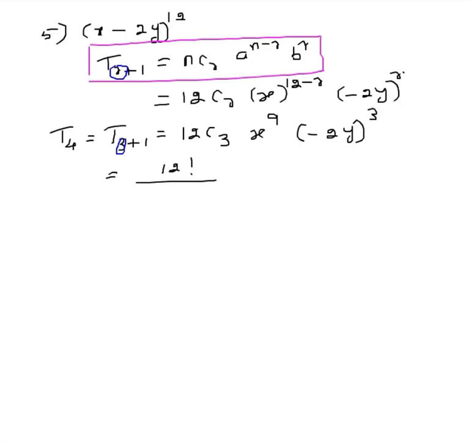12C3 is 12 factorial over 3 factorial times 12 minus 3, which is 9 factorial, x raised to 9, minus 2 raised to 3 is minus 8, and y cube.